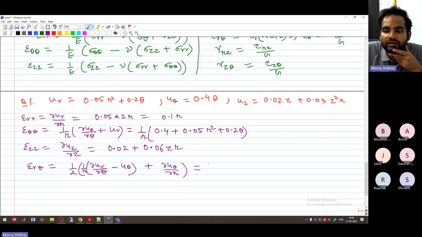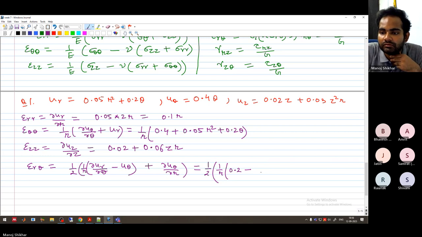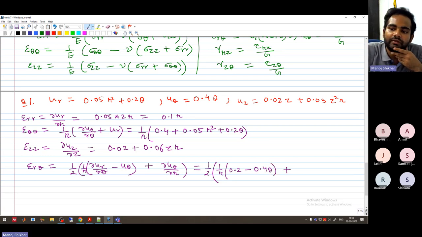So substitute the values here. So 1 by 2 into 1 by r, del u r by del theta will be 0.2 minus 0.4 theta, plus del u theta by del r, which is 0 in this case.